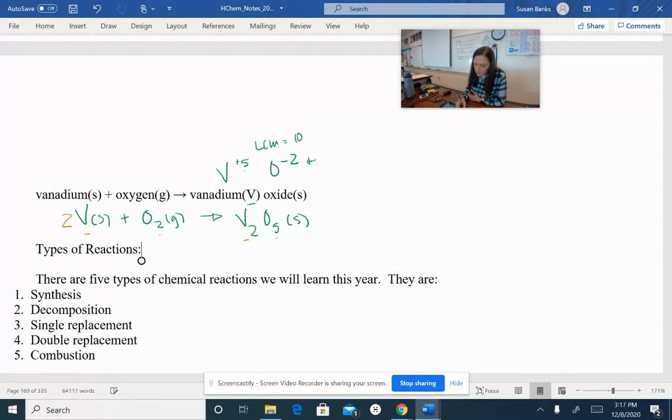It's 10. So I need to multiply my oxygen by 5 to get 10 oxygens, and I need to multiply my vanadium(V) oxide by 2 to get 10 oxygens, which means 2 times 2 gives me 4 vanadiums, right? So I need to go back and change this to a 4.